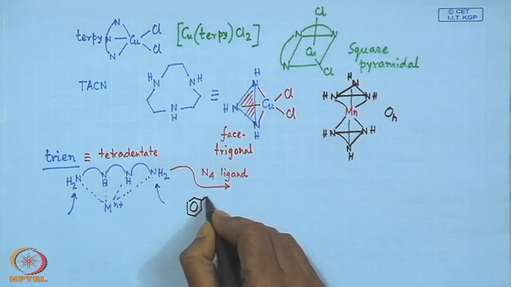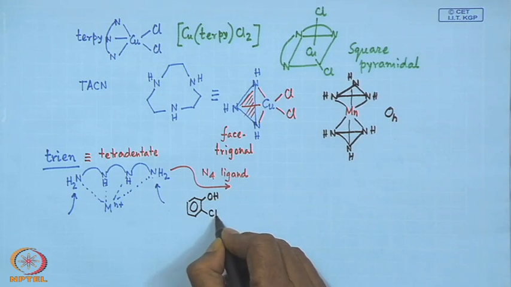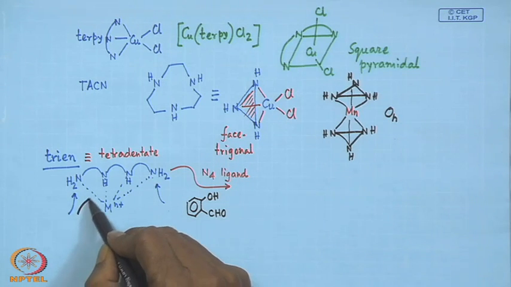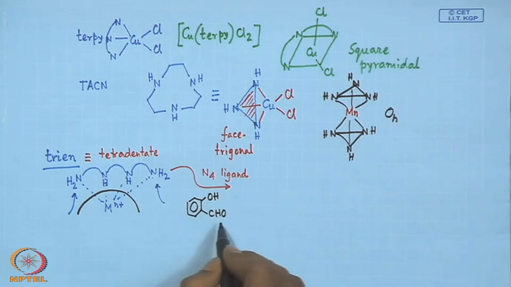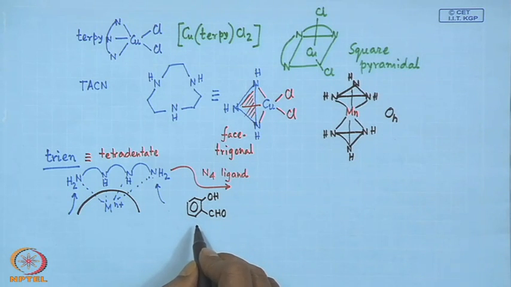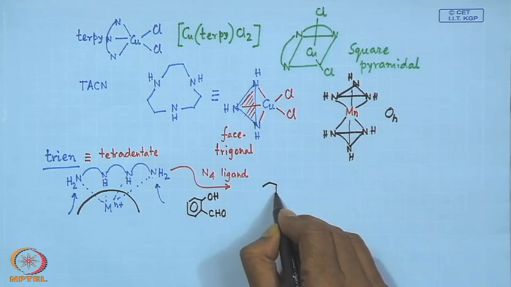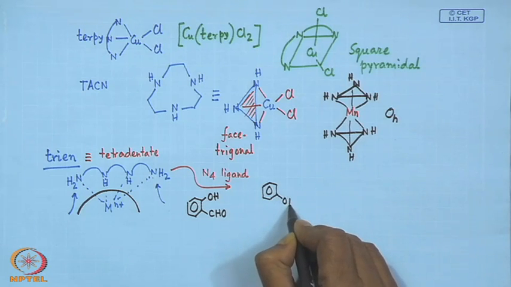Schiff bases with, say, 2-hydroxy benzaldehyde or salicylaldehyde. So, not from the ligand itself, but for the triene. So, when triene reacts with 2 molecules of salicylaldehyde, we get the corresponding hexadentate ligand, which is a very useful ligand.